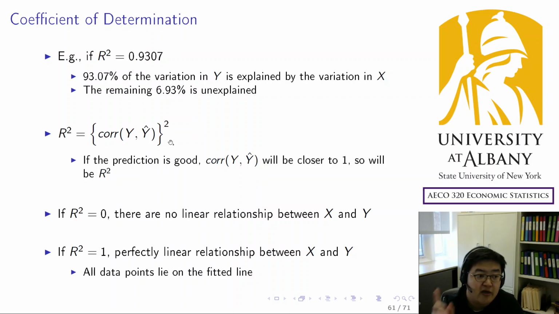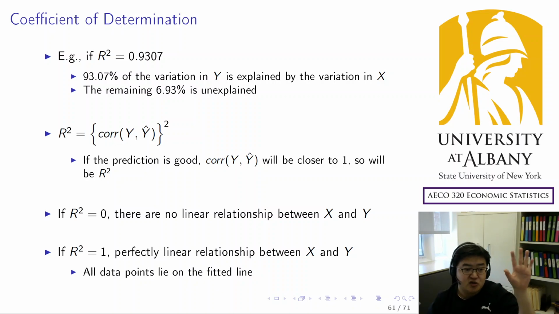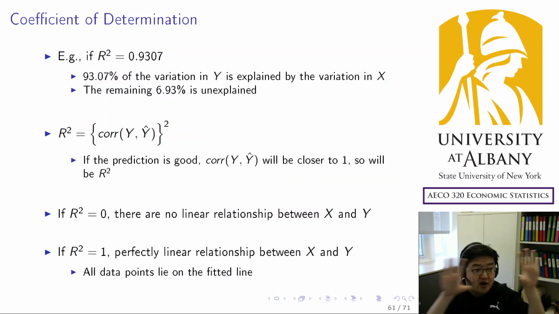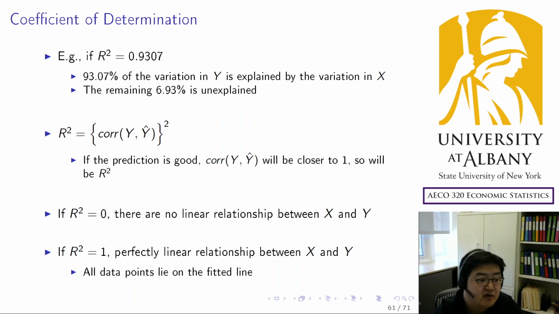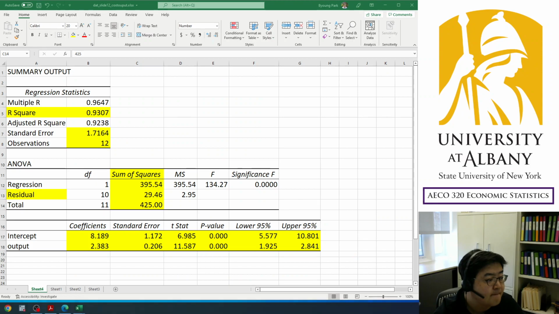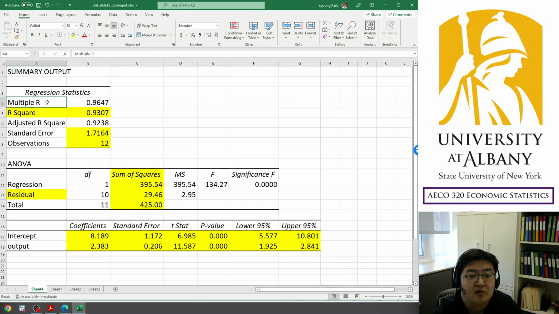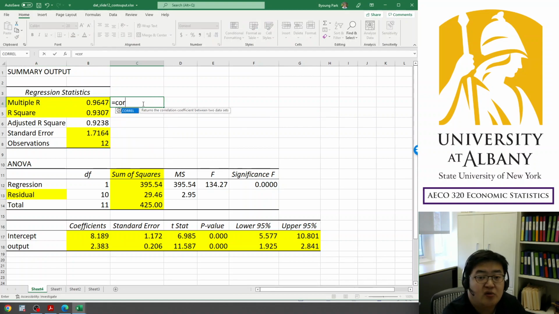Again, the strength of the linear relationship is how much you explain by the linear regression. So they are closely related. Here is the correlation coefficient between y and fitted values.